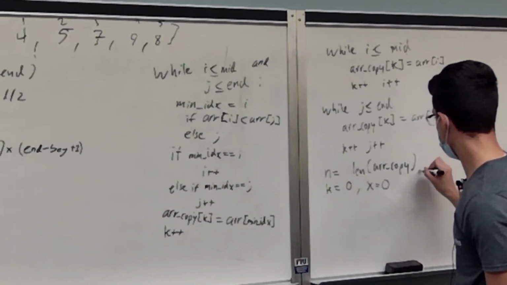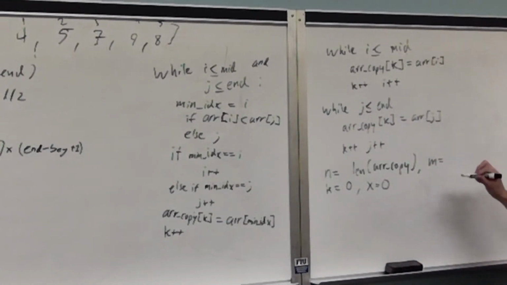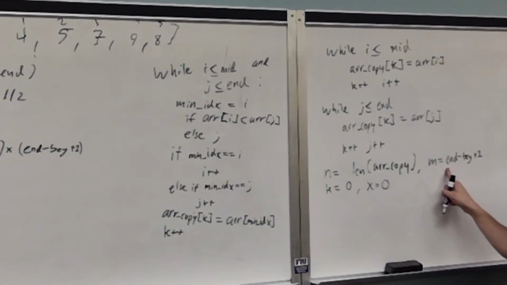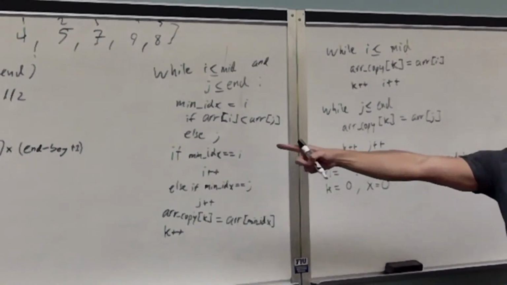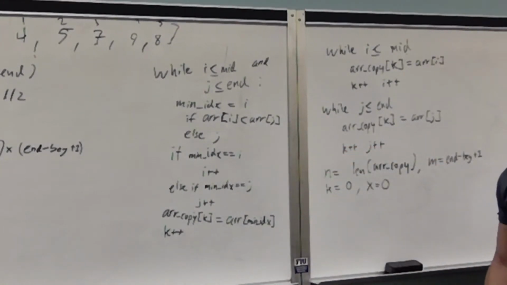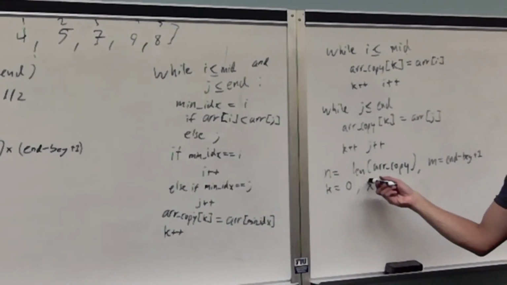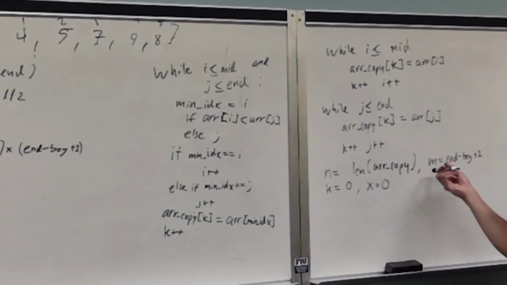Actually, I'm going to put m equal to end minus beginning plus 1. So this is the length of the original. No, n plus 1, because the beginning is always 0, no? They're both the same length. Yeah, you're right.